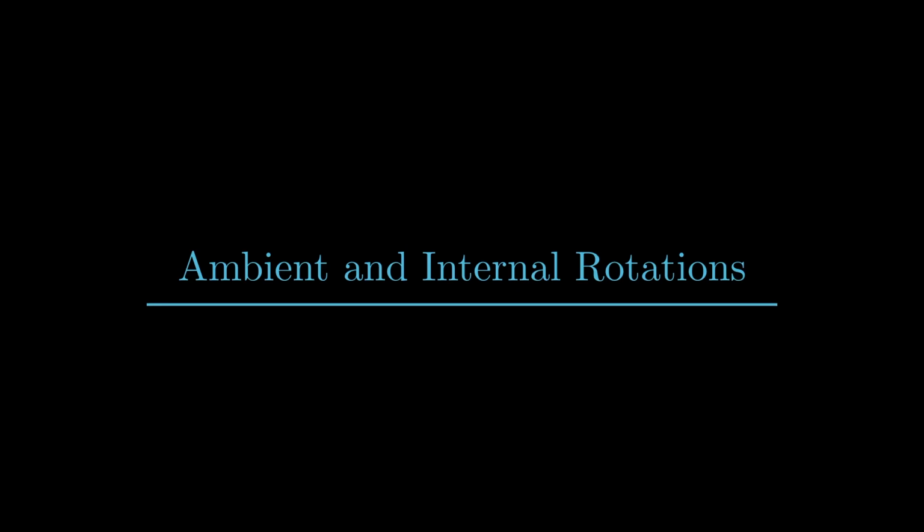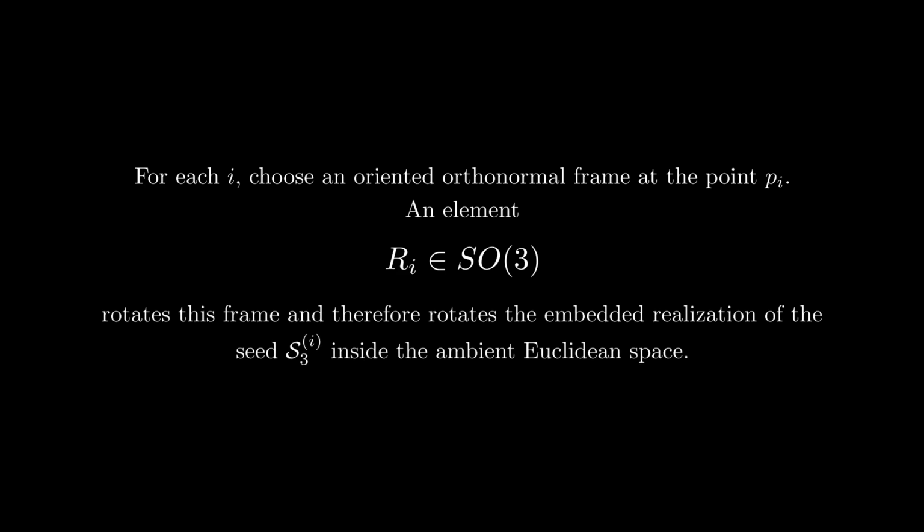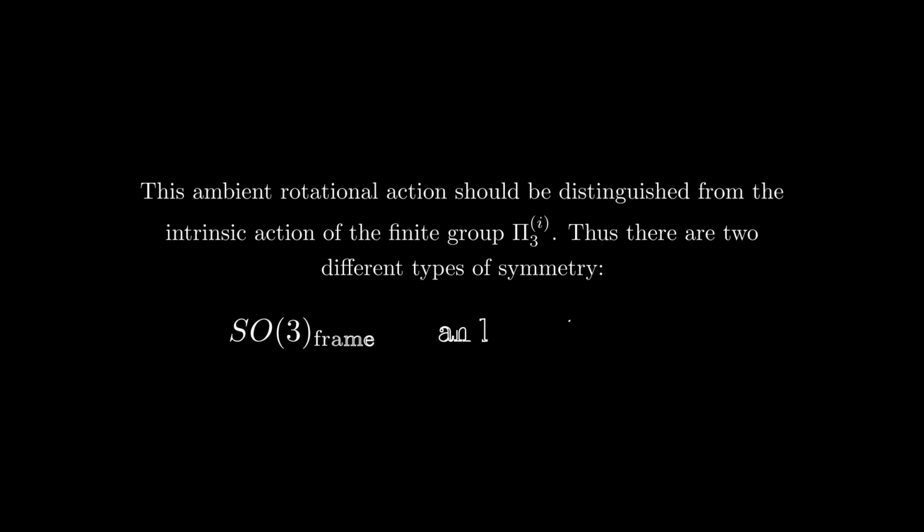Now we're going to act on these seeds with symmetry groups. We're going to choose an oriented orthonormal frame at each point pi, and take an element of the SO3 rotation group. So we're going to rotate these seed boundary components, which will twist around the ambient geometry of R3.